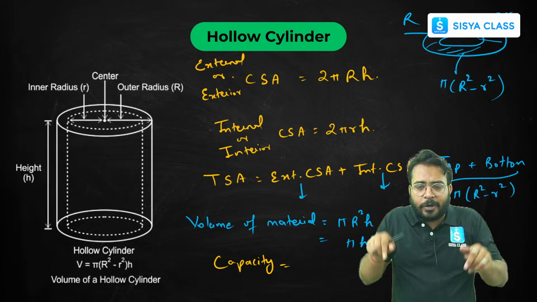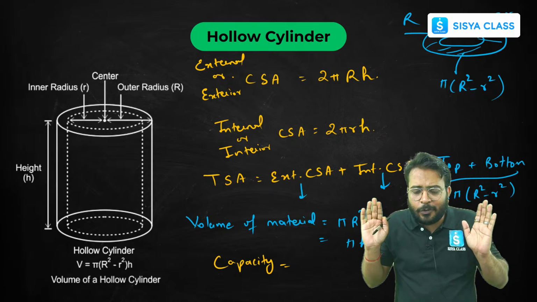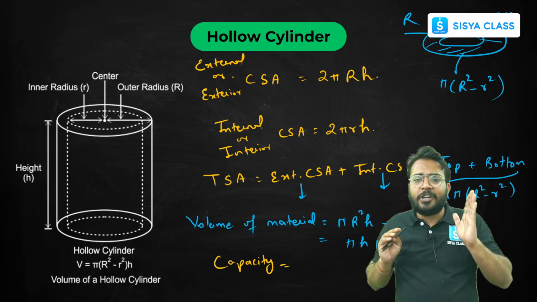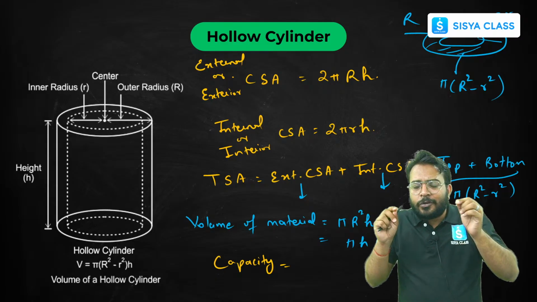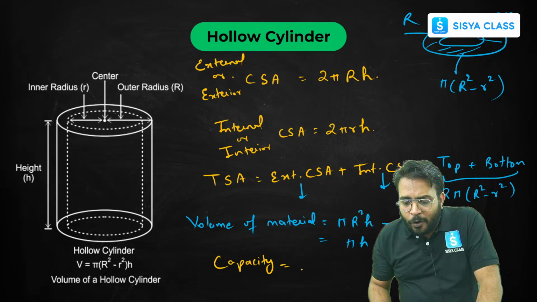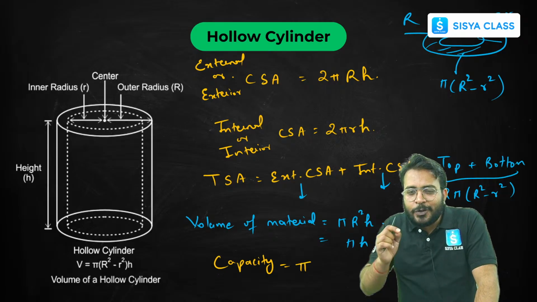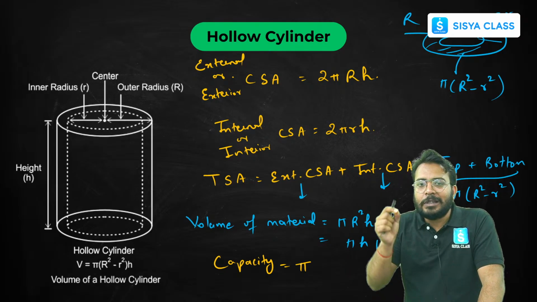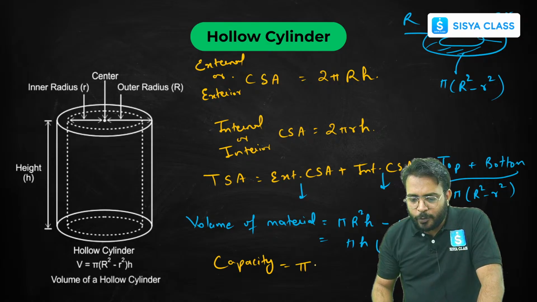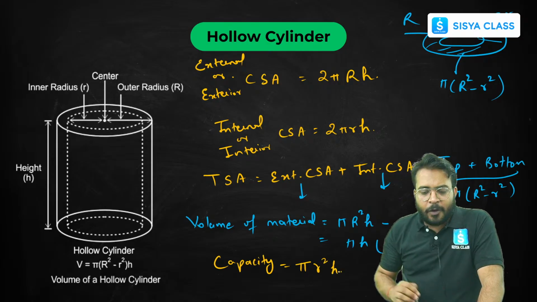So the internal radius we have to include here. If I am talking about the capacity of this hollow cylinder, that time you have to find out the volume of the cylinder using the inner radius. That means it is going to be πr²h.